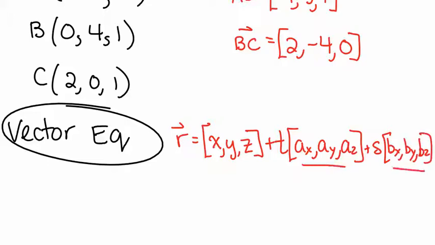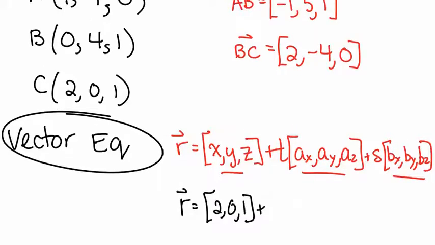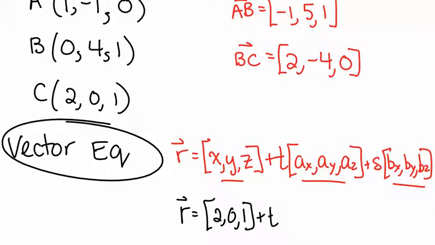I'm just going to sub all that in so I have a vector equation of a plane. I can pick any point, A, B, or C. I'm just going to pick C. So (2, 0, 1), and then my 2 direction vectors, AB and BC: (-1, 5, 1) and (2, -4, 0).